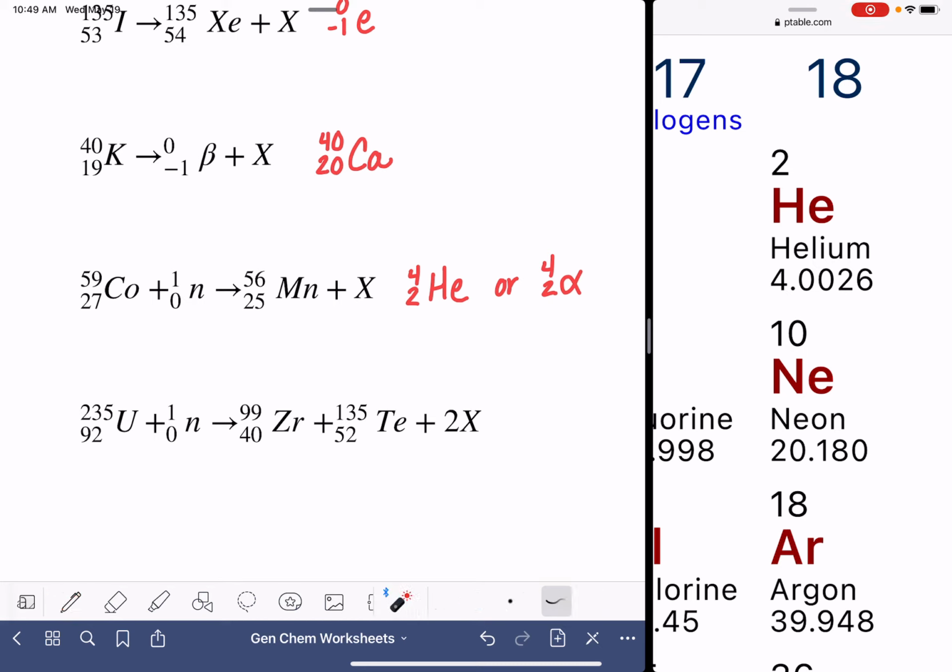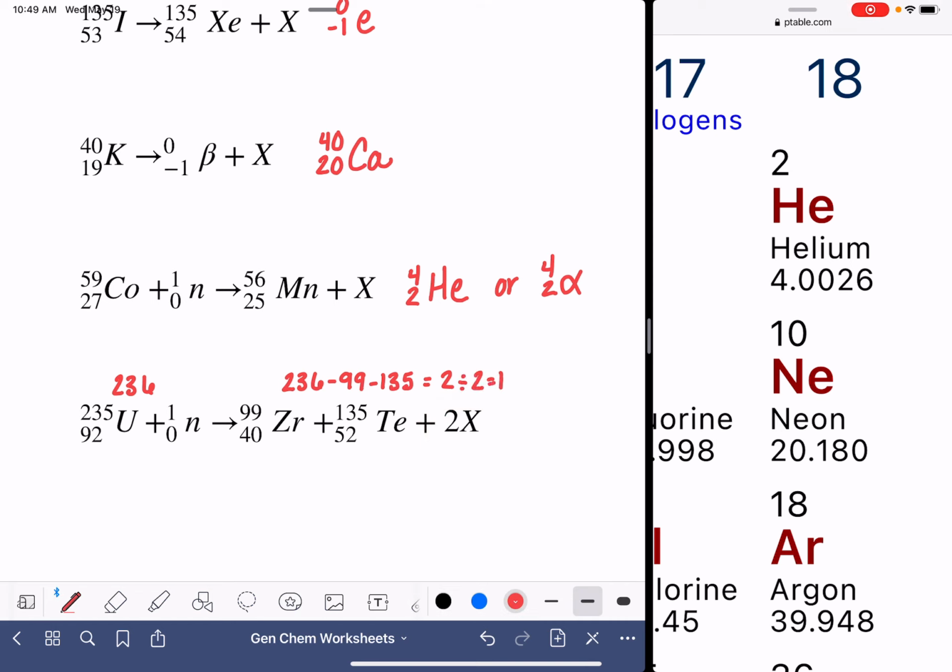And for our last example, on the left-hand side, we have a mass number of 236. On the right-hand side, we need 236. We currently can see a mass number of 99 and a mass number of 135, which means that we have a remaining mass of 2. We can see that that's being accounted for in 2 particles.